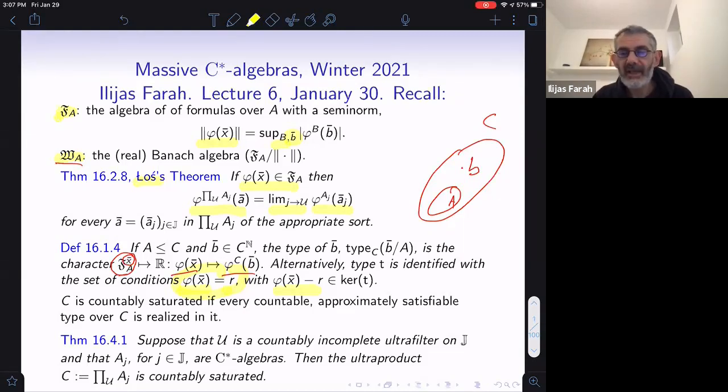But those types tell us too much. Instead, partial types are just sets of conditions.